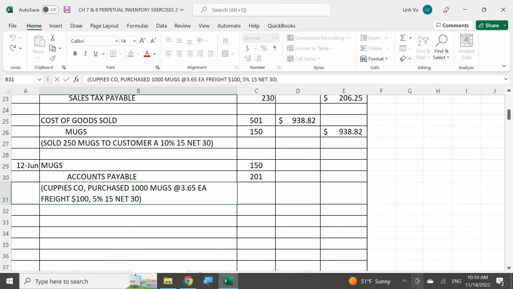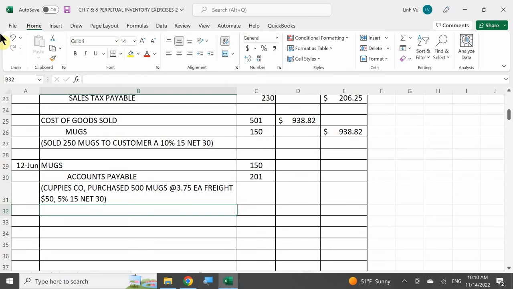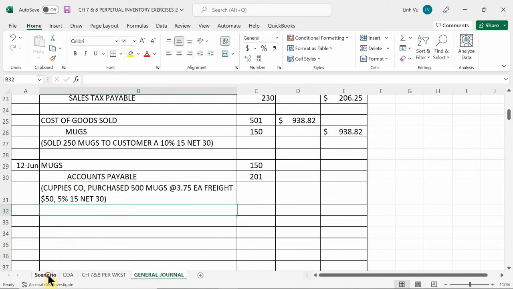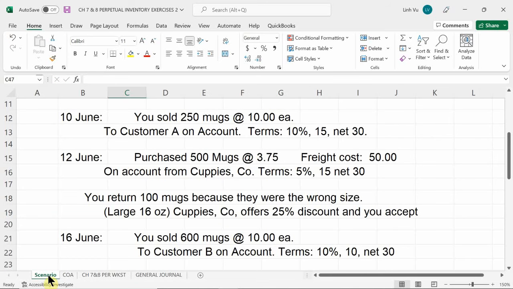This time we purchased 500 mugs at $3.75 each with the freight of $50. The terms are the same, so let's double confirm that right there. So 500 at $3.75 with the freight of $50. Okay.